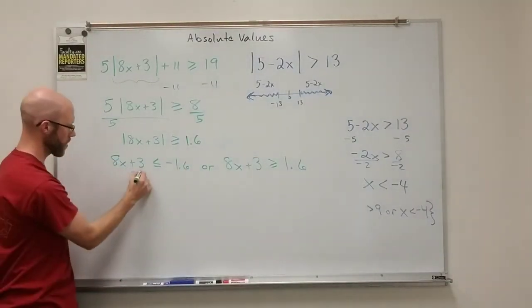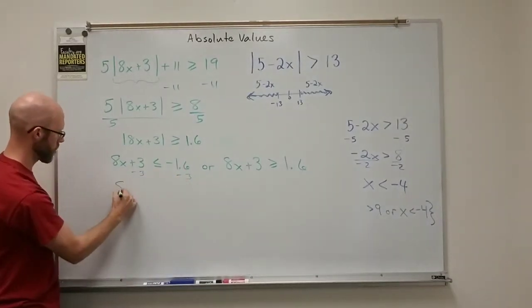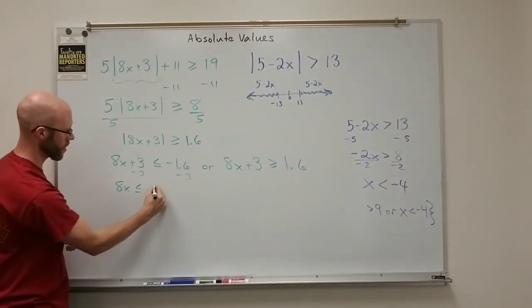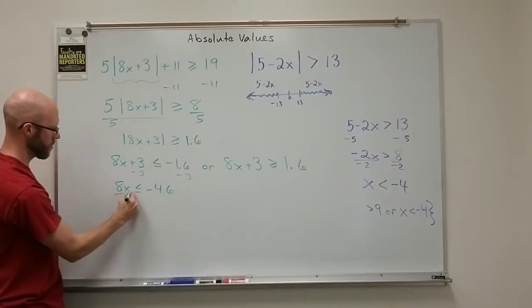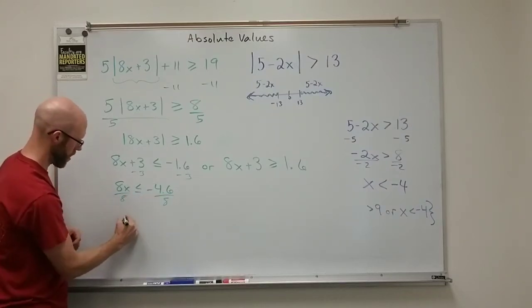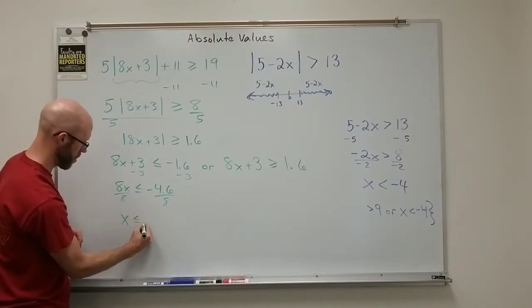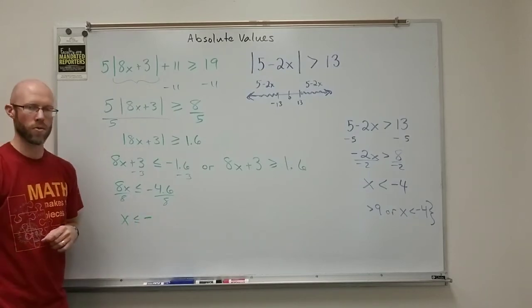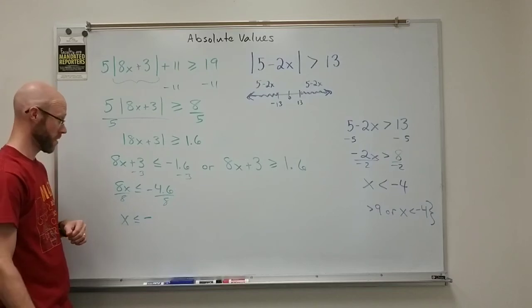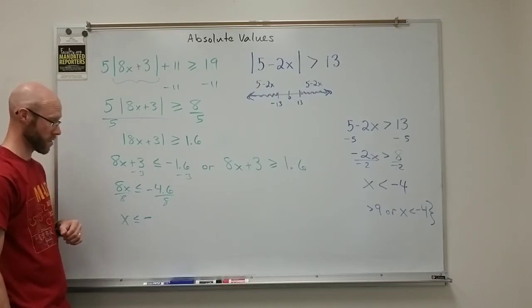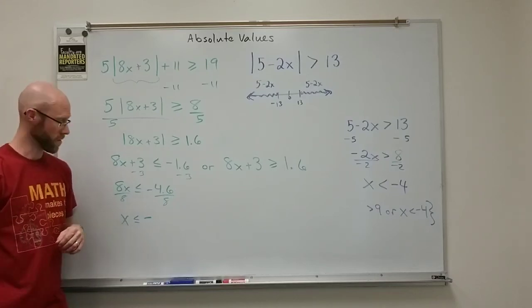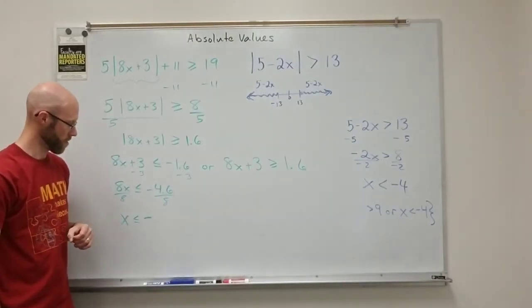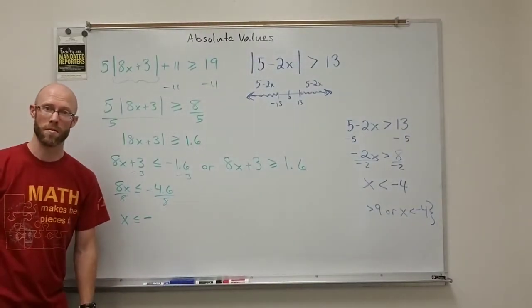So here you subtract off the 3, you get 8x less than or equal to negative 4.6, and divide out the 8, and I don't know what that's going to end up being. What's 46 divided by 8? Not quite 6. 5 and 3/4, 5.75 maybe?